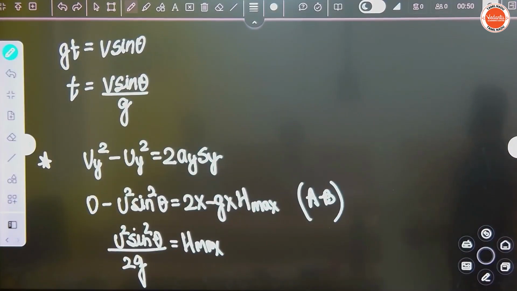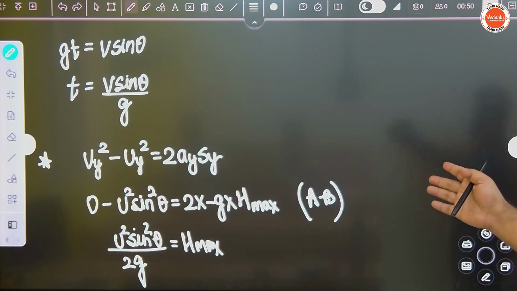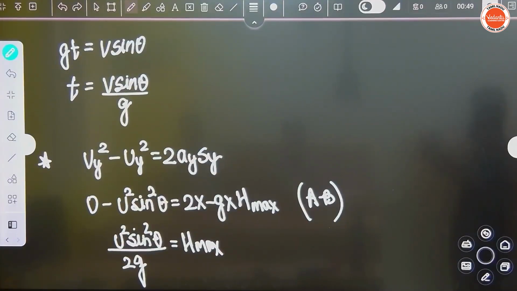Don't worry, I know that if you solve like this, it will take a lot of time. I will give you the important things that they ask from this.